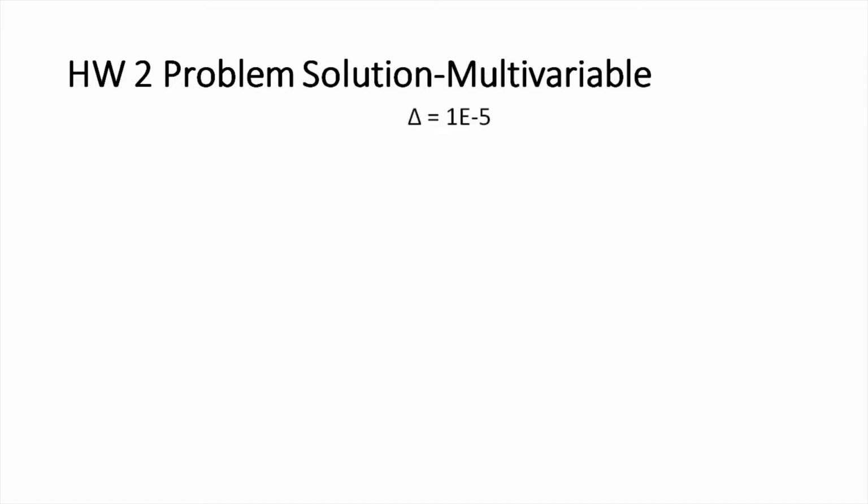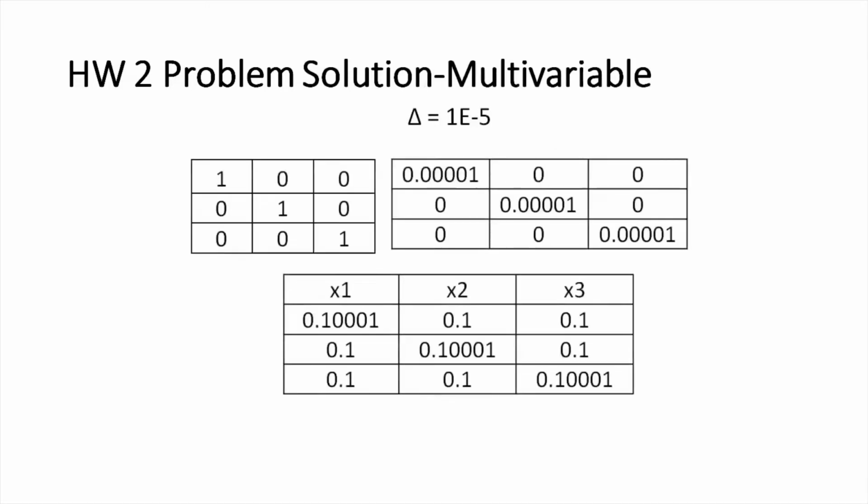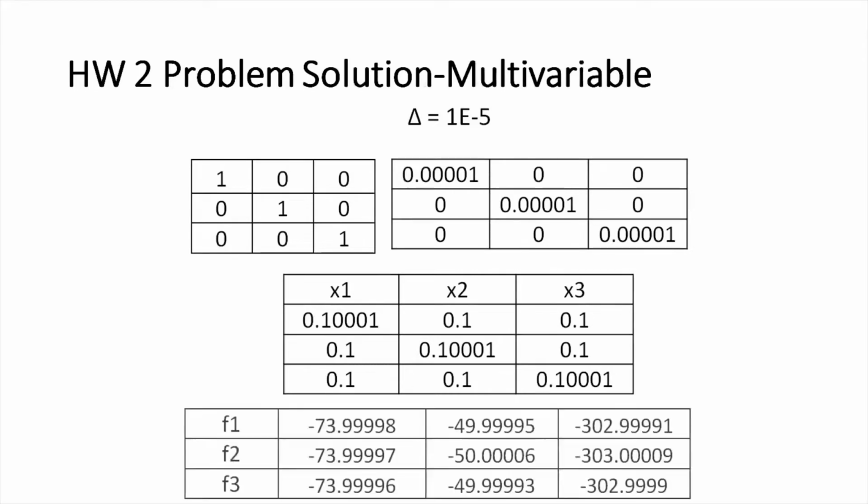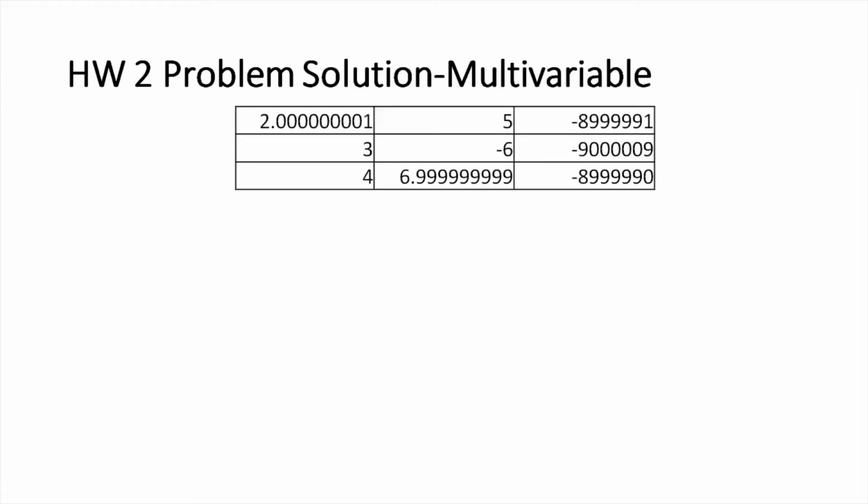A change in the x, which will be 1e negative 5, and make each variable dependent on one equation. And we get the matrix for each one, for each variable. And this will be the Jacobian matrix we obtained.